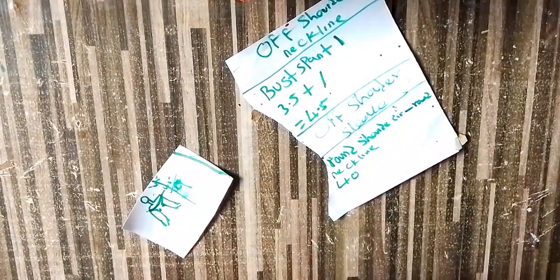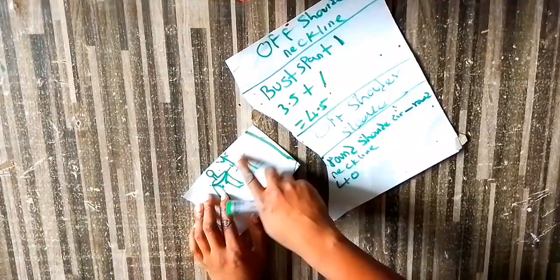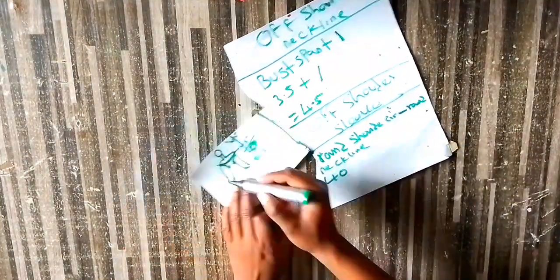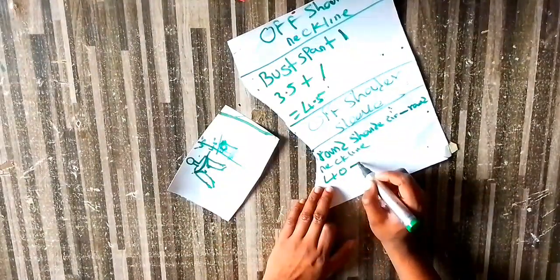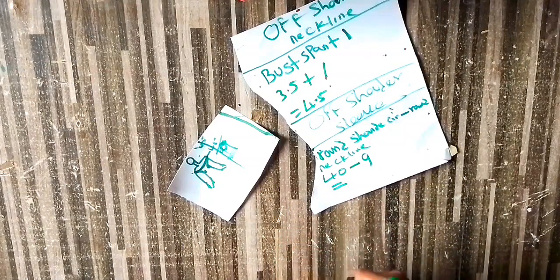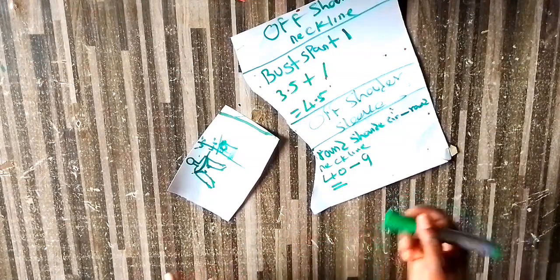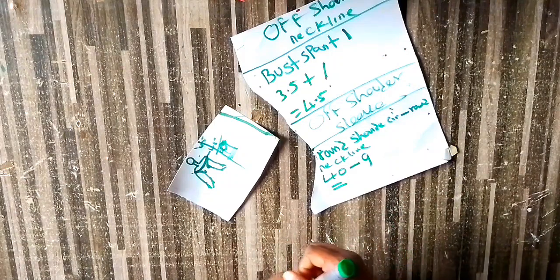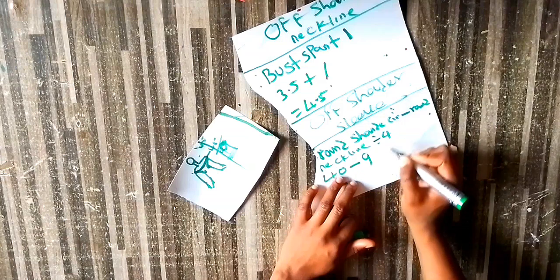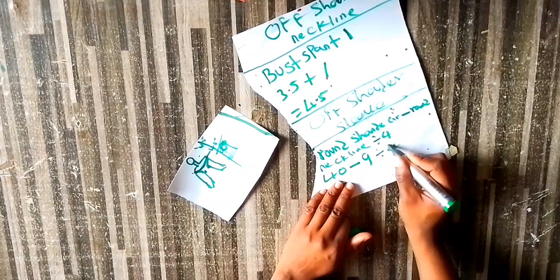So now the round shoulder, which is 40 inches, this is just an example, minus the 9 inches, divided by 4. Sorry, I forgot to say you divide it by 4, guys.